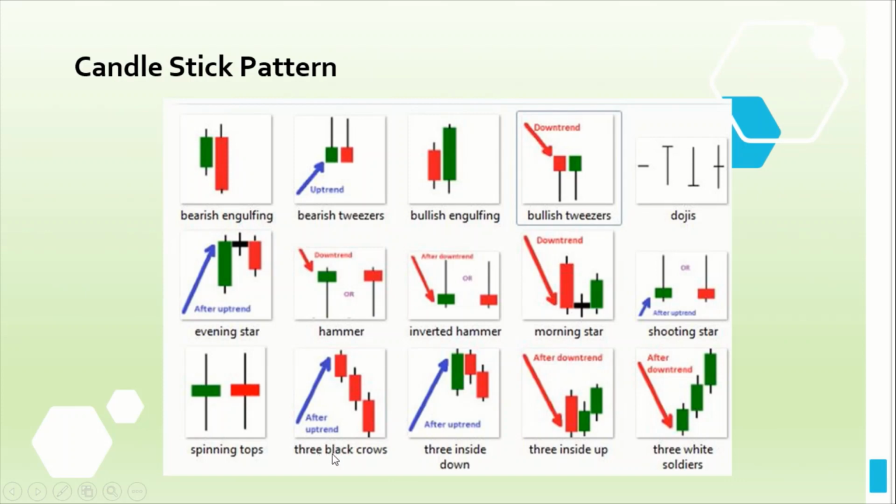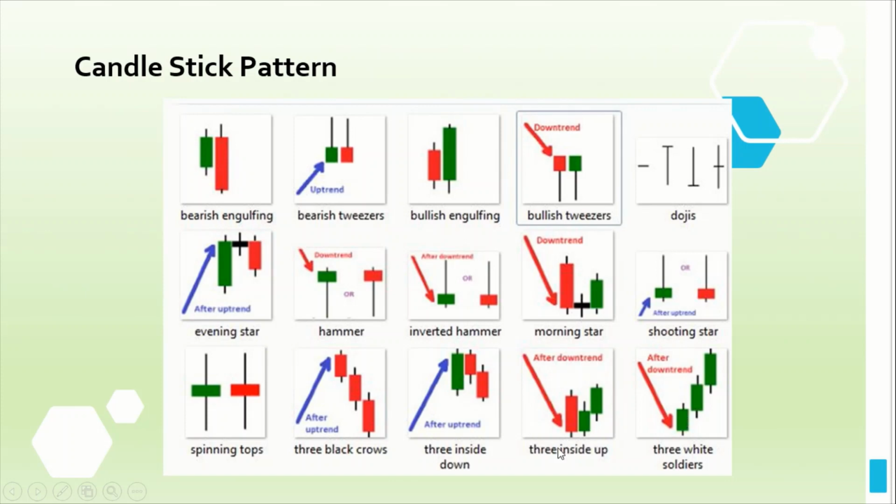Ano pa? Ito, 3 black crows. If meron kayong makikita ganito, after uptrend, magkakaroon ng sunod-sunod na red candlestick. So, we call them the 3 black crows. Then, we also have the 3 white soldiers. Okay? So, after downtrend, magkakaroon naman ng uptrend na magkakasunod-sunod na bullish candlestick.